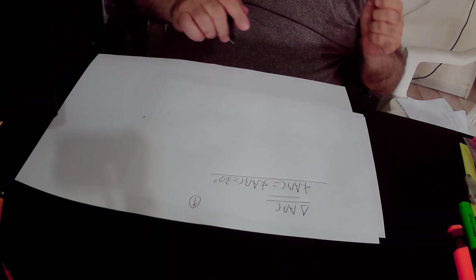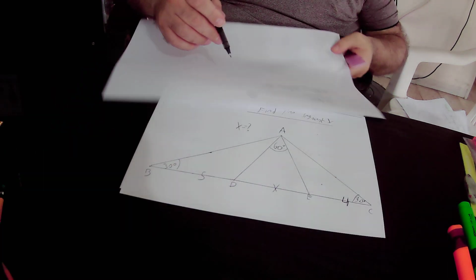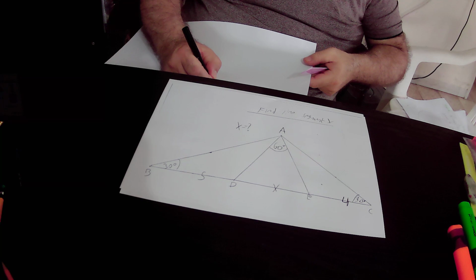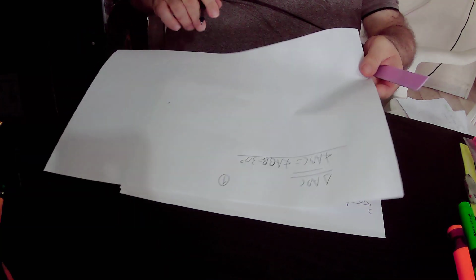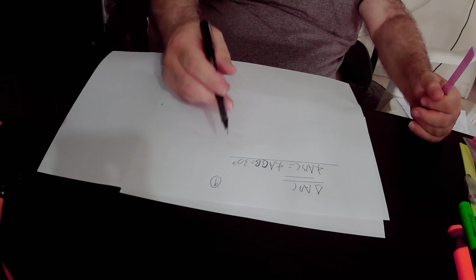I'll repeat again, in triangle ABC, angle ABC equals angle ACB, and both angles are equal to 30 degrees.